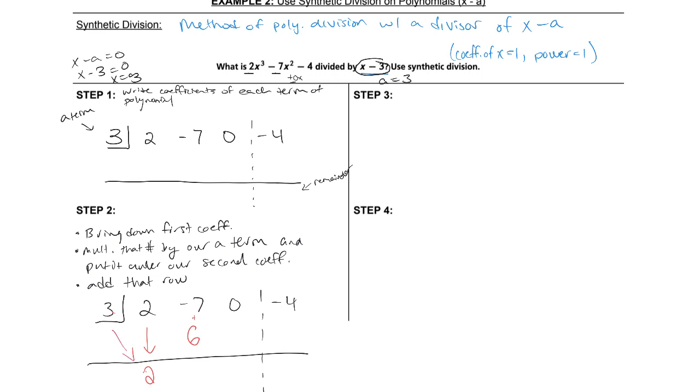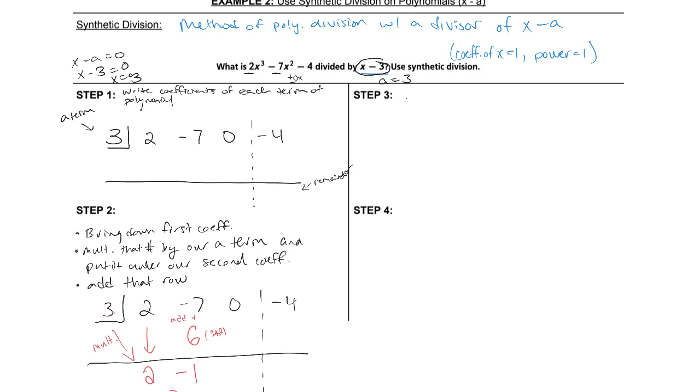Okay, so multiply, add. So negative 7 plus 6 gives me negative 1. This negative 1 comes from negative 7 plus 6. This 6 right here came from 3 times 2.